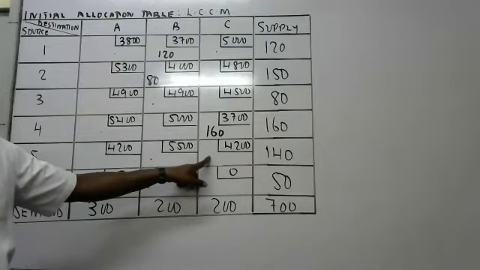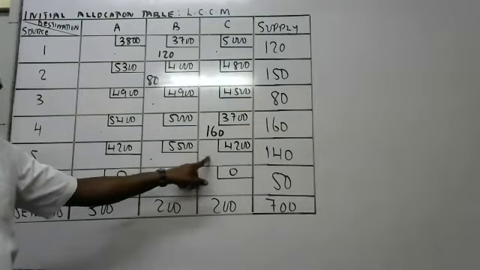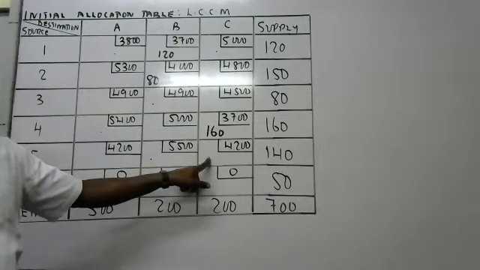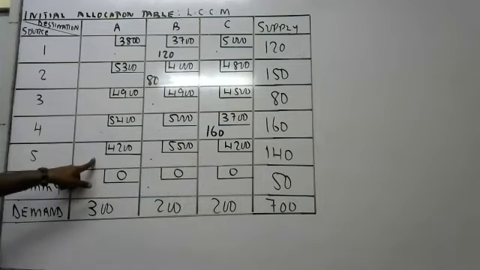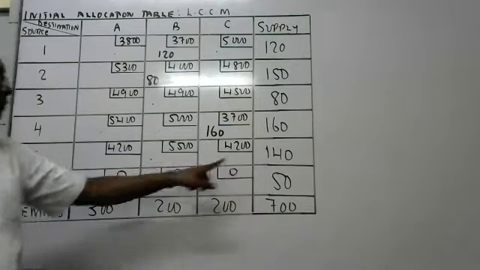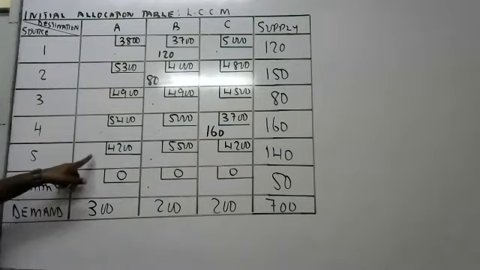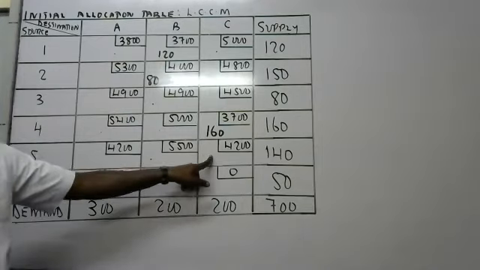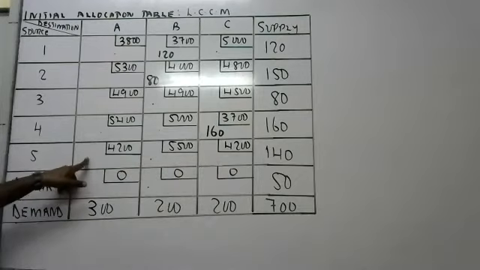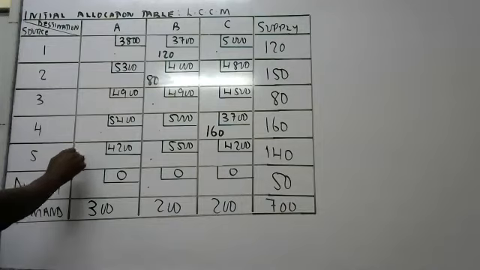So this one can take what? 40. When we get here, the available is 140. The unsatisfied is, so this one can take what? 140. So this one we said can take 40, and this one is taking what? 140. So we need to allocate.